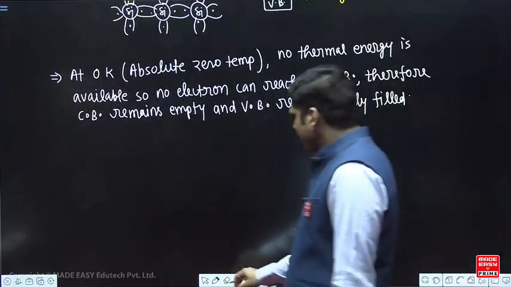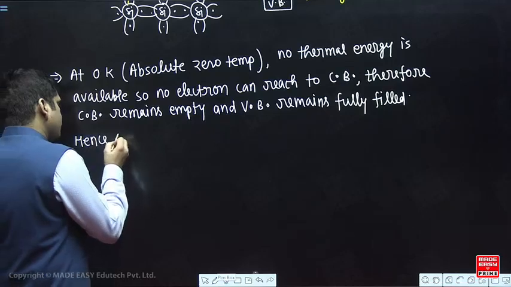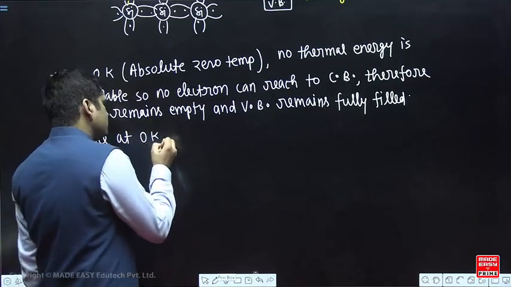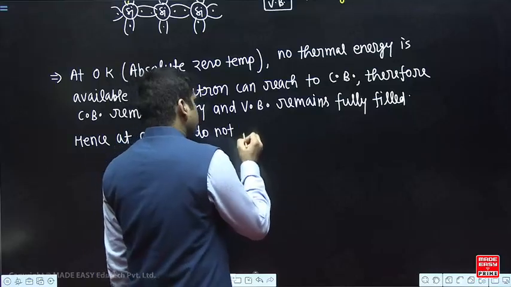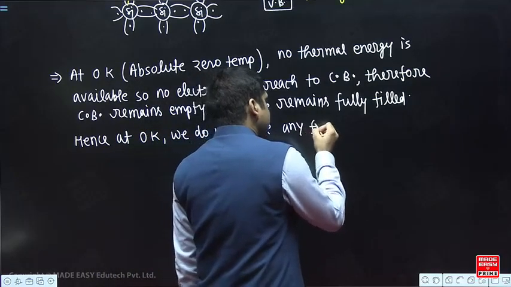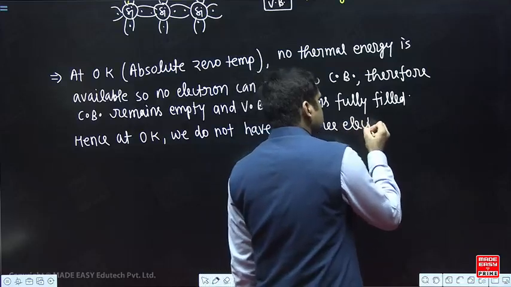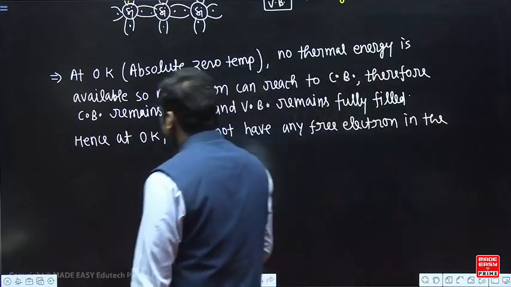Hence at 0 Kelvin, we do not have any free electron in the semiconductor.